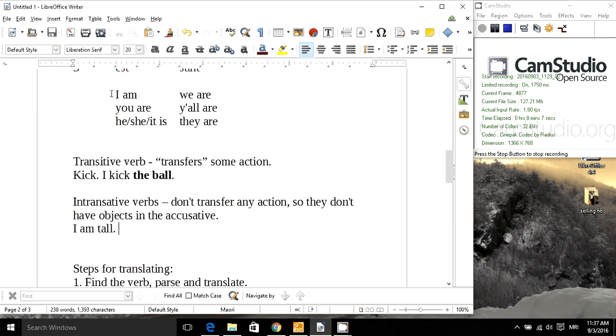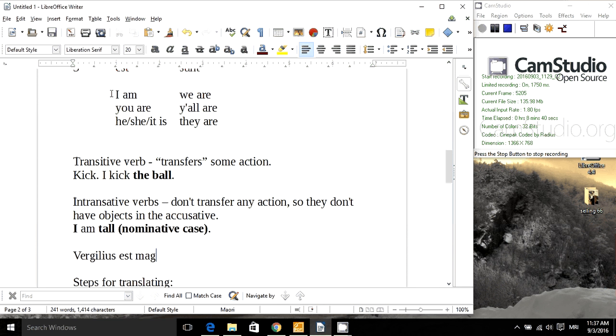Okay, so I am tall. This tall is going to go into the nominative case, to match with I, to match with the subject. So that's what's going on here on page 34. So you see, let's take his second example, or third example.